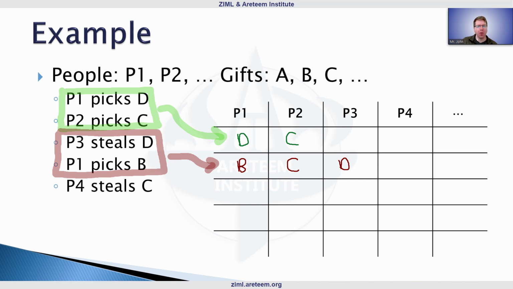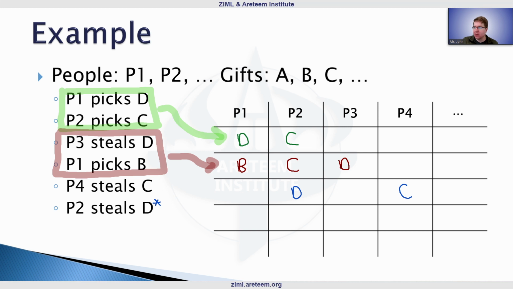So P4, maybe they steal person 2's gift. So they steal C. Well, what if that person then steals something? So they steal D in this case. Now, it's not going to be relevant here because we're going to stop our example, but I want to put a star by this because this is the second time D was stolen.